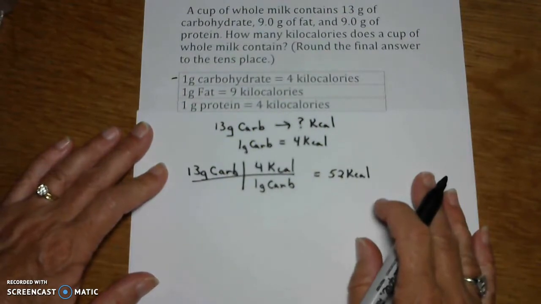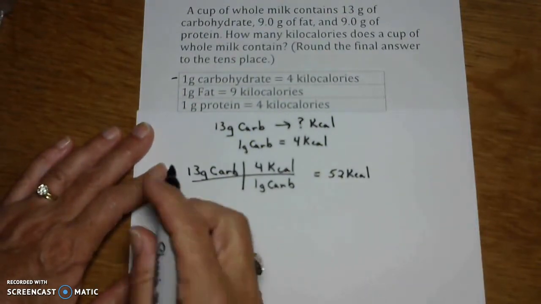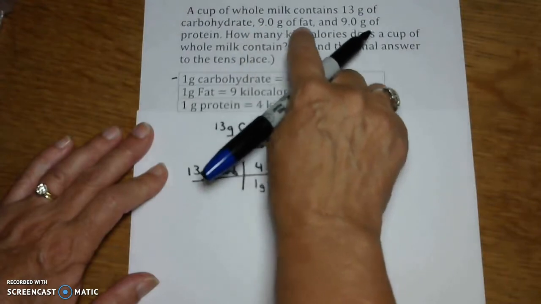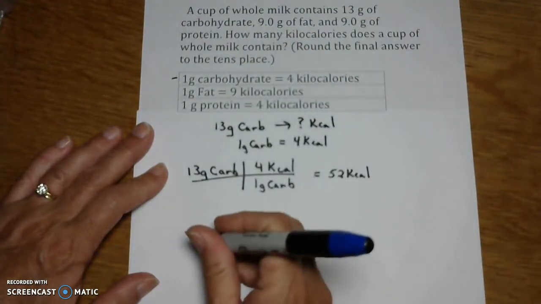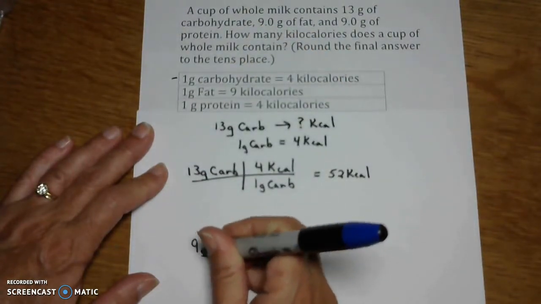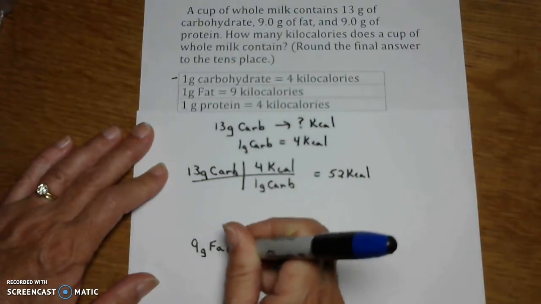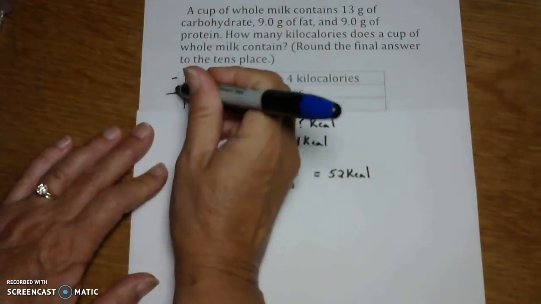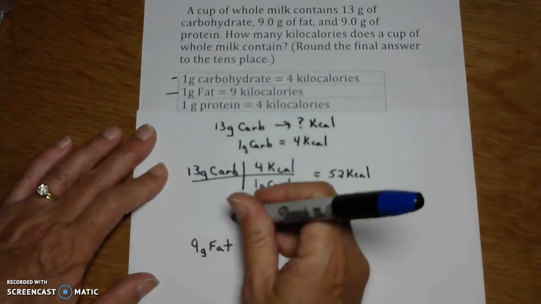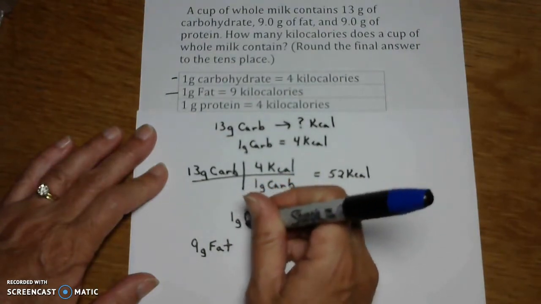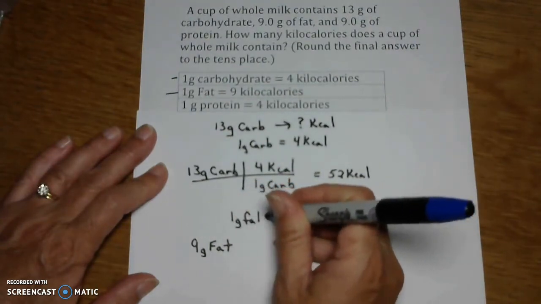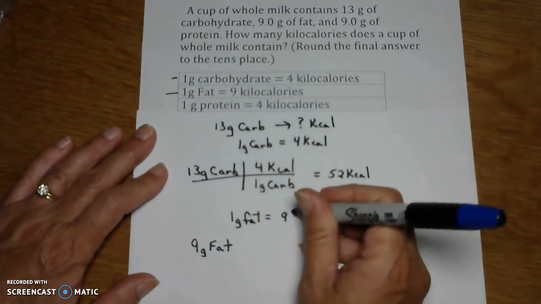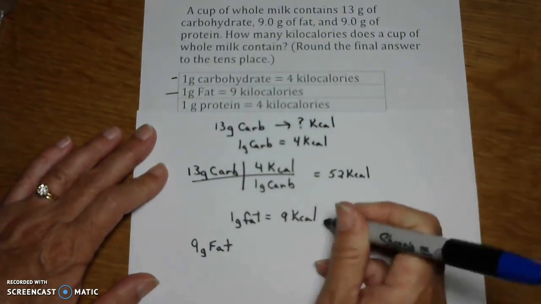So now let's move on and do the fat. We start with 9 grams of fat. And from here, we know that 1 gram of fat is equal to 9 kilocalories.